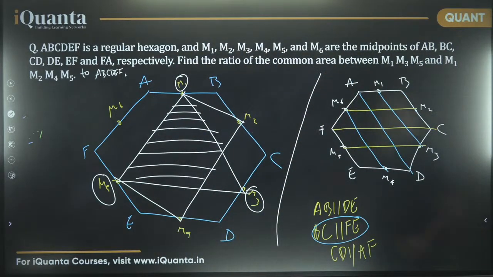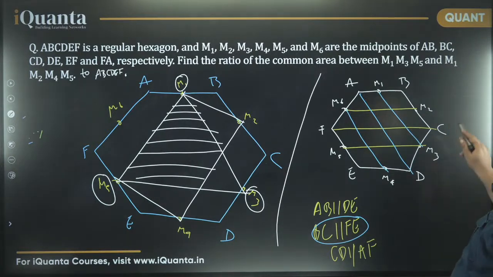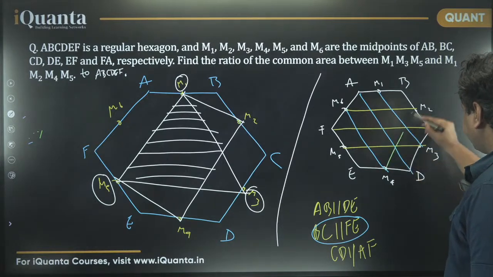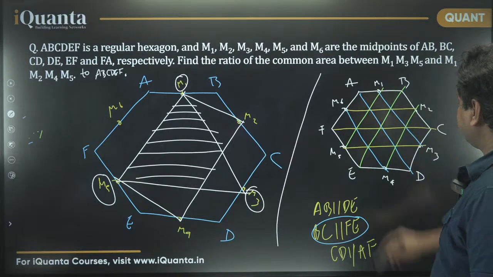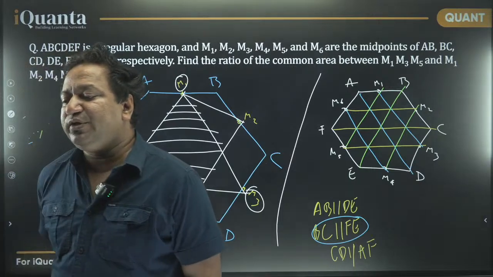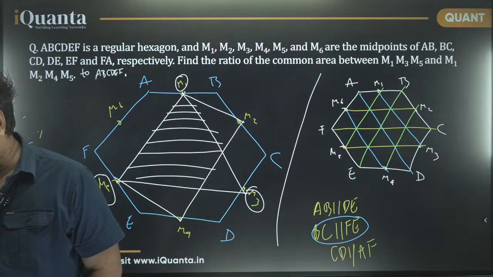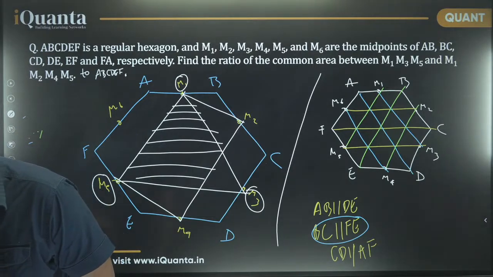Then CD is parallel to AF. I'll do the same thing. So I'll join M4 and M2, E and B, M5 and M1. In the pursuit of doing this, I have made a lot of equal triangles. There are equilateral triangles.